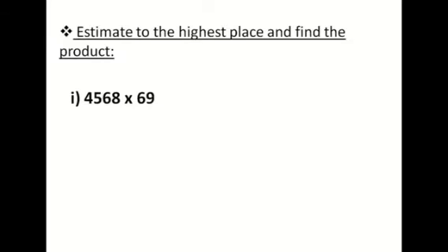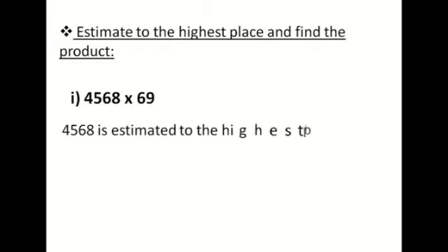So 4568 is estimated to the highest place as, you have to check the before place, means 1000, then you have to go for 100 place, it is 5. If it is 5, add 1 with 4, so it became 5, and rest of the places will be replaced by 0, so it will become as 5000.